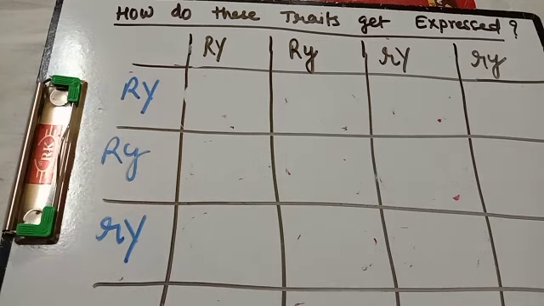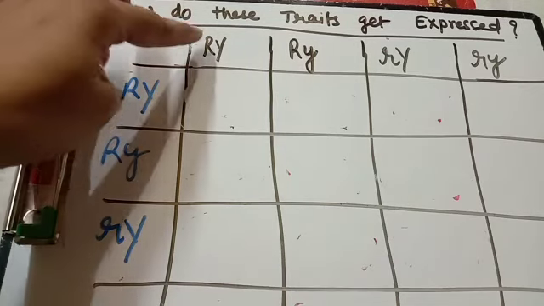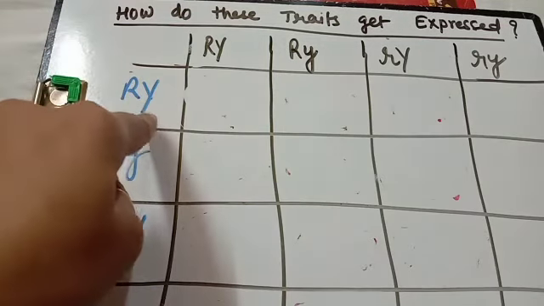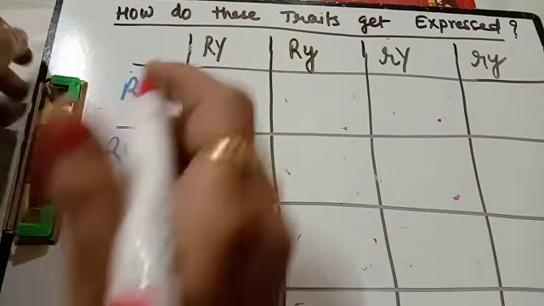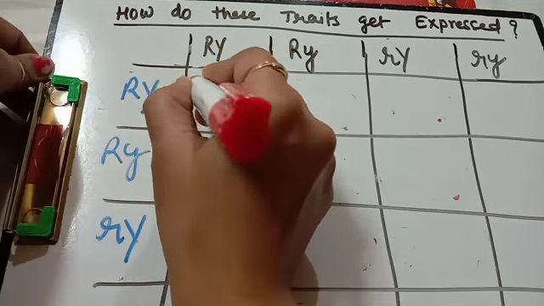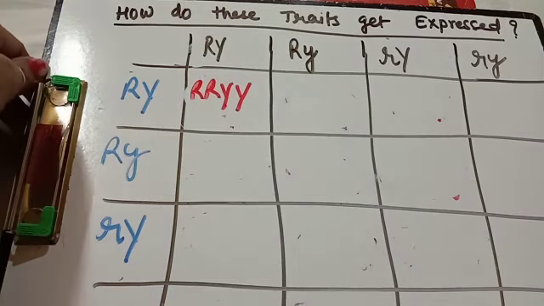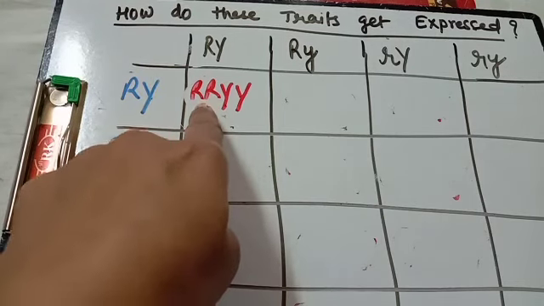So for example R and R. First I am taking the round part, so I won't be writing RY, RY. I will be writing RR and capital Y, capital Y. RR, capital Y, capital Y. This way.